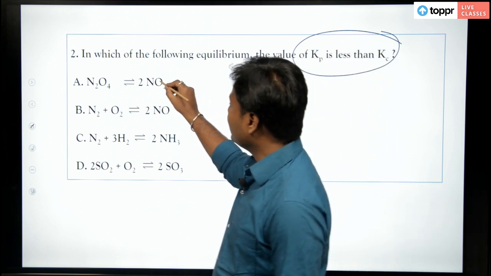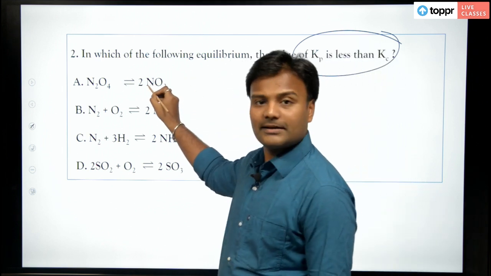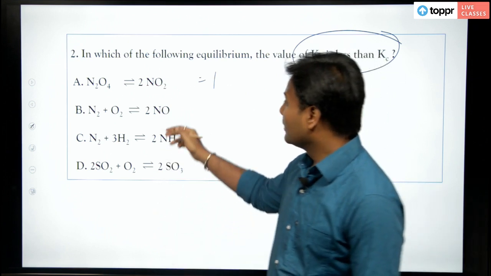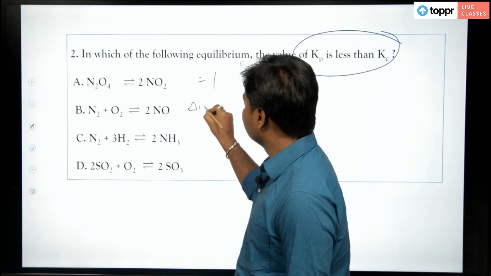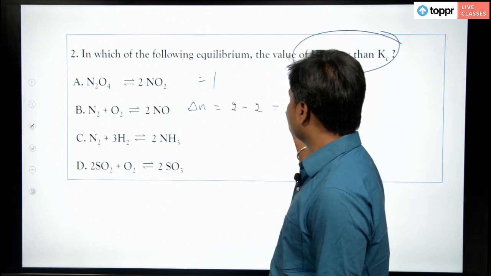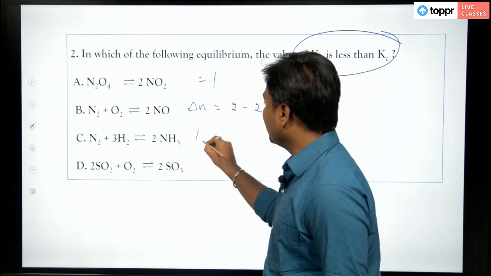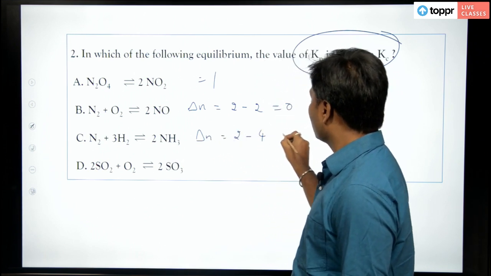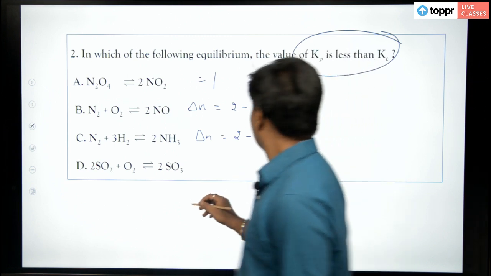So what is the delta n for this one? This 2 minus 1, this is delta n is 1. Here delta n equals 2 minus 2, which is 0. Here delta n equals 2 minus 4, which is minus 2.